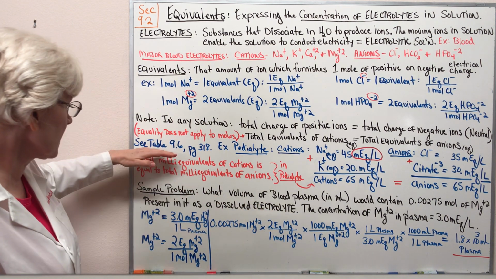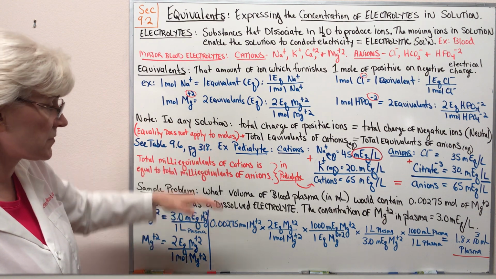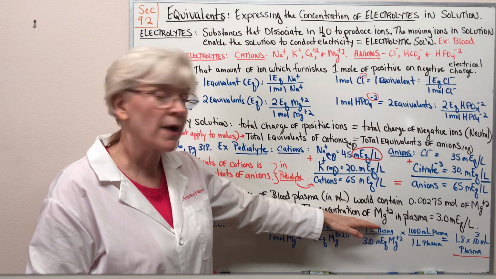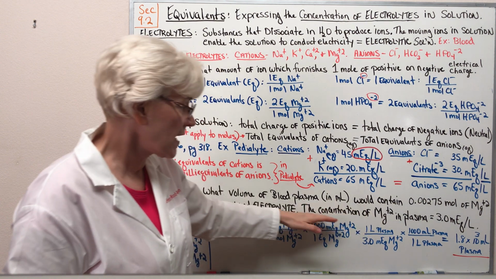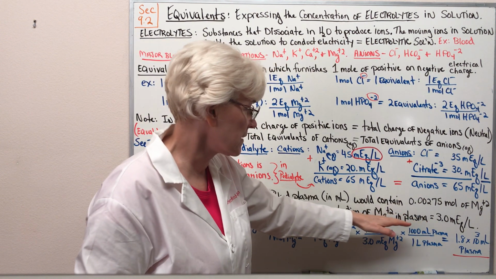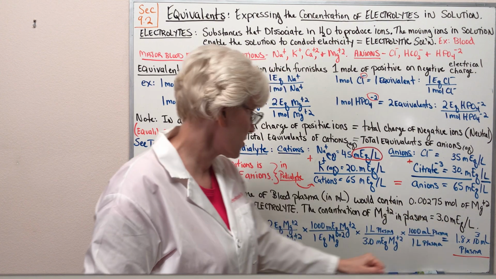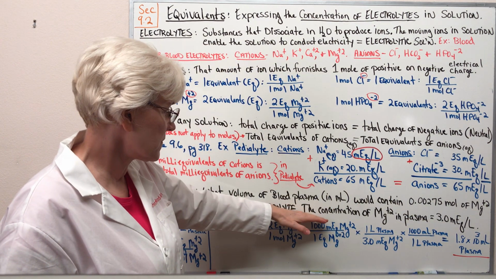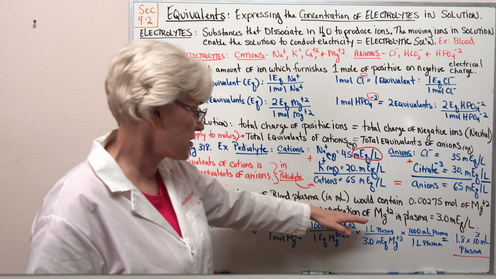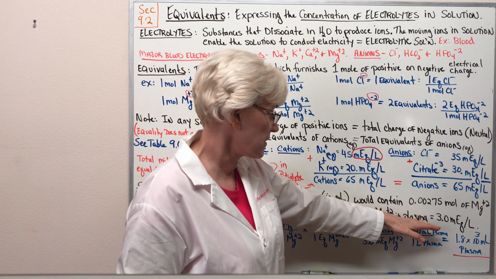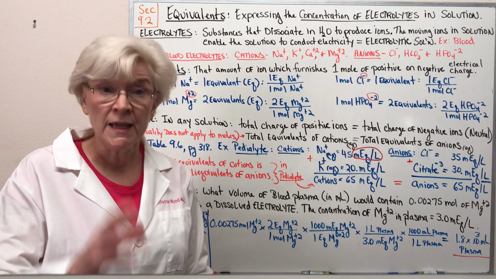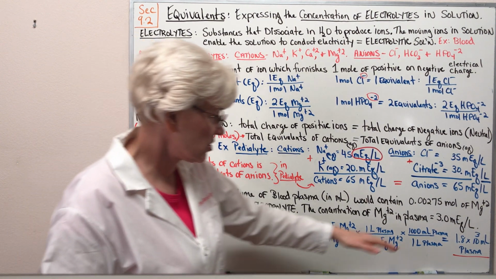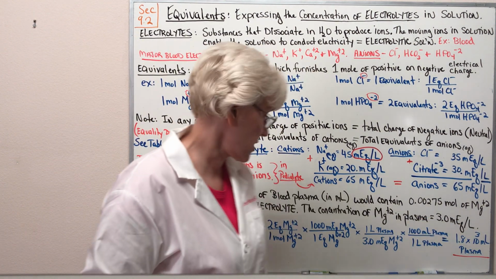And if you take a look at table 9.6 on page 318, they give you a range for the concentration of magnesium ion in plasma, and I'm choosing for this example problem to look at the high end of the range. So for illustration purposes, we'll state that the concentration of magnesium ion in blood plasma is 3 milliequivalents per liter. It can vary, and we're just choosing the high end of that range.